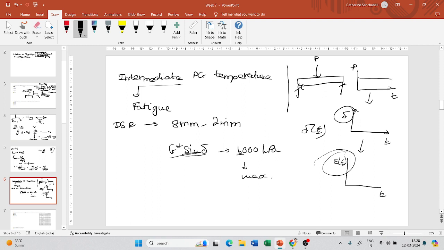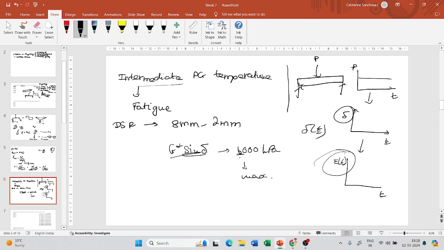All the lectures in this NPTEL would have probably been taken 2 to 3 years back, and at that time the value was 5000, not MPa, sorry, kPa. And very recently, last year, they revised the ASTM code to 6000 kPa.